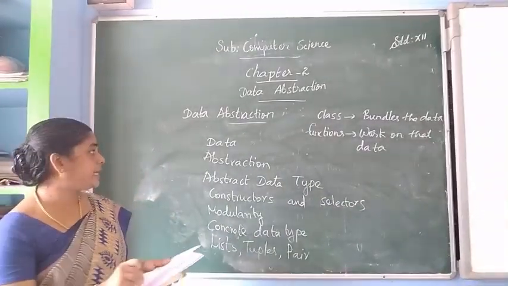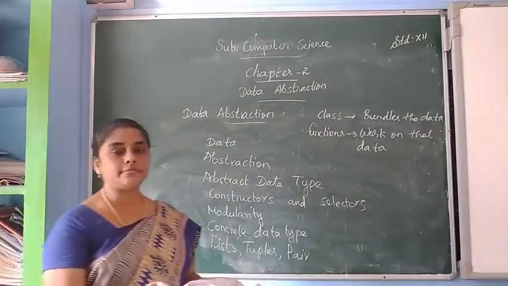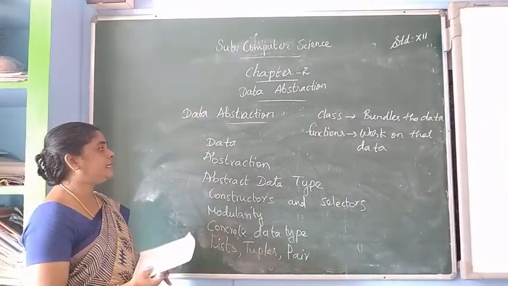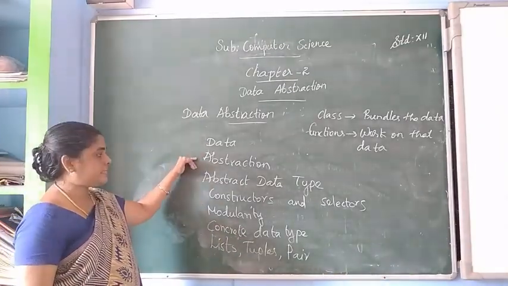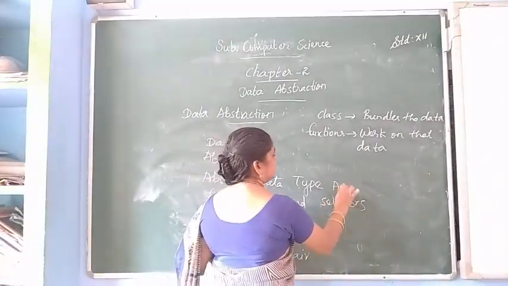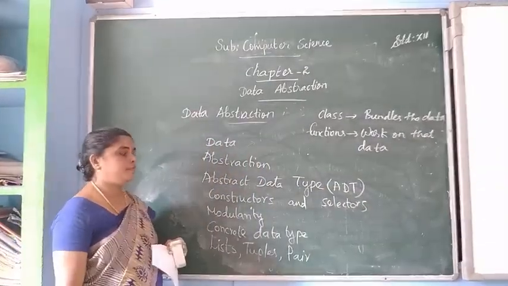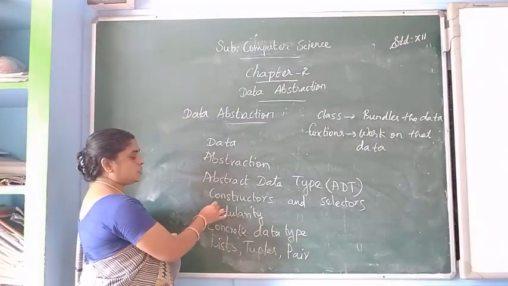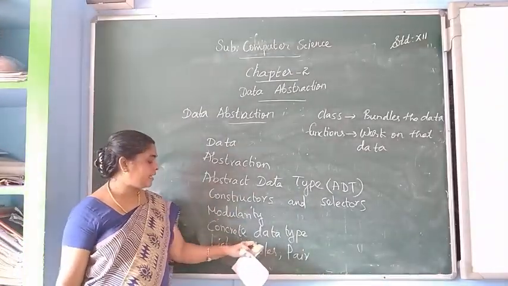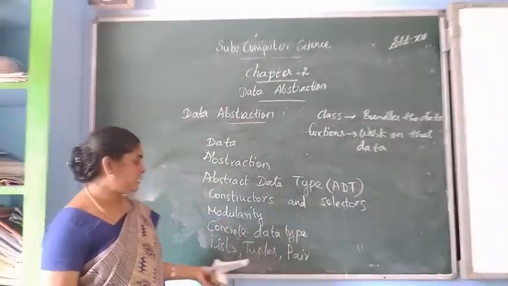Then at last we studied how data abstraction is used in structure. So today we have studied about data, then abstraction, then abstract data type, that is ADT. What is the expansion for ADT? Abstract data type. The next one, constructors and selectors, then modularity, then concrete data type, then list, tuples and pair.